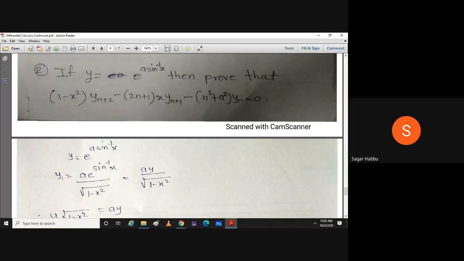You observe the highest order derivative in the expression, and accordingly you decide how many times you have to differentiate the expression. Here the highest order derivative is n plus 2. That means you will have to take two derivatives and then apply the Leibniz rule. Is that fine?